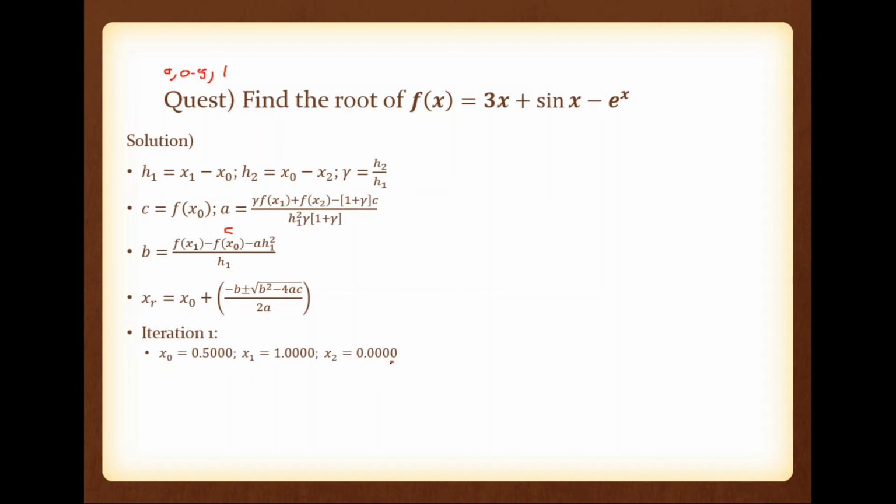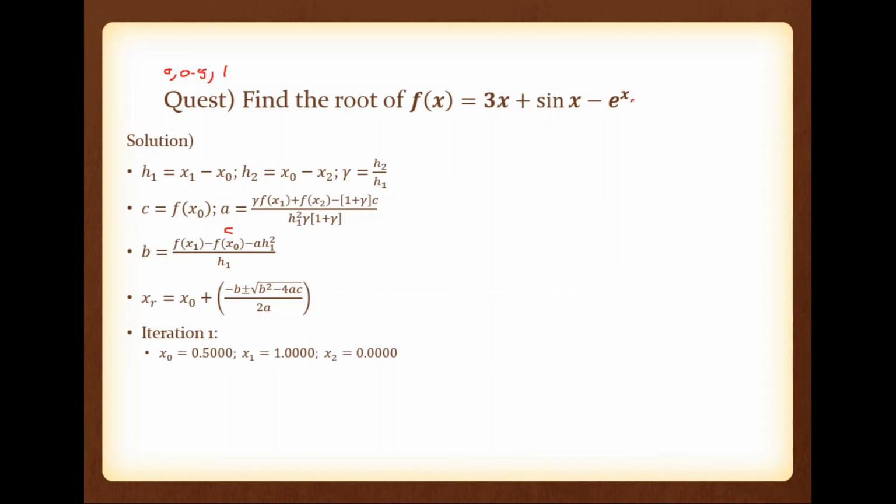Then what we have to do? Once we have x0, x1, x2, find f of x0, f of x1, f of x2. Please note, if you are using a calculator, use radians, don't use degrees. So f of x0 is 3 into 0.5 plus sine of 0.5 minus e raised to 0.5. x1 is 1, so f of x1 is 3 into 1 plus sine of 1 minus e raised to 1.